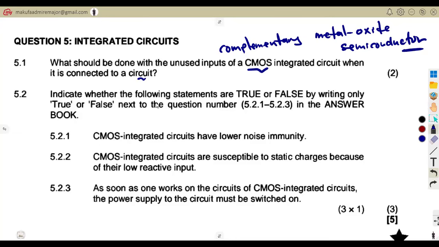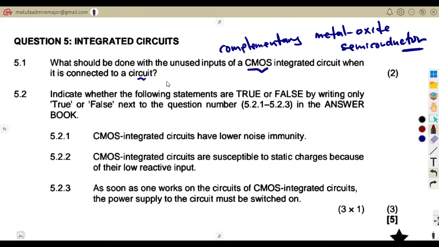So what is needed? What should be done? Remember, on your precautions, one of the precautions that we have is that all unused, which is the unutilized inputs, must be connected to VDD or VSS.